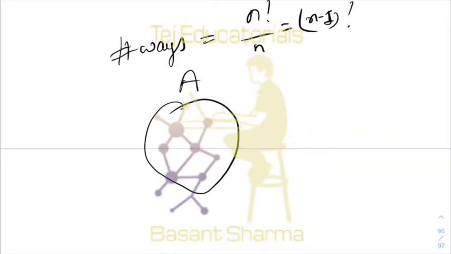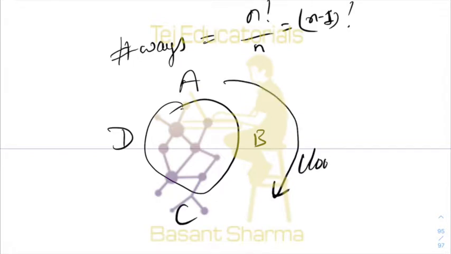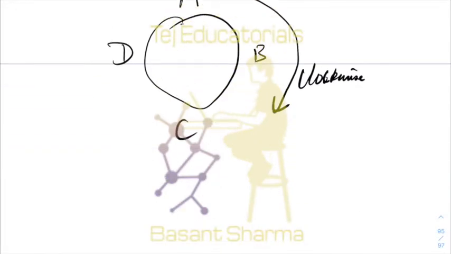What that means is, suppose you have one arrangement like this, and let's say this is clockwise. Now suppose I interchange the position of B and D. I put B here and D here.